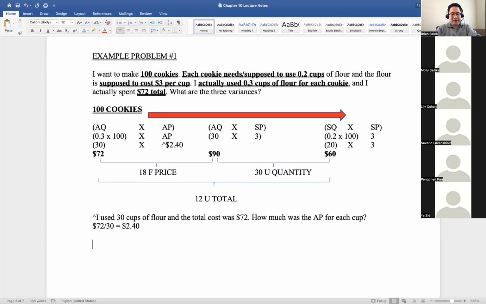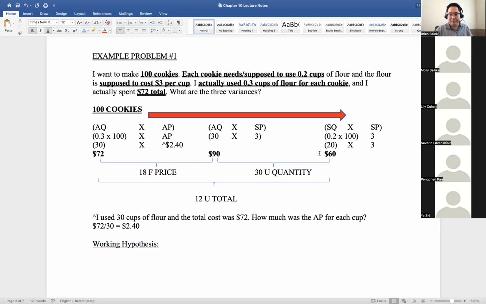Okay, all right, now something else that's very interesting. We can actually create a working hypothesis. Working hypothesis means like a theory about what's going on. Okay, so let's see. We are making 100 cookies, right?